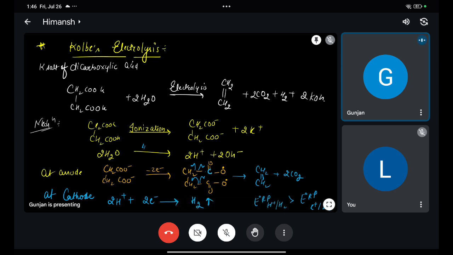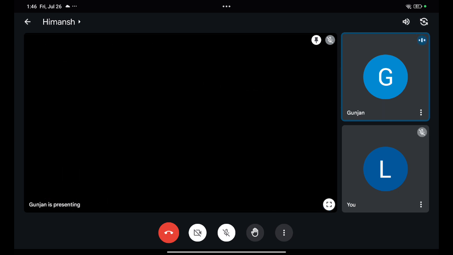Any doubt in this? No doubt, ma'am. Next, one more reaction, the last method of preparation, which is the Wittig reaction. So aldehydes or ketones, any carbonyl compounds, react with phosphorus halide.